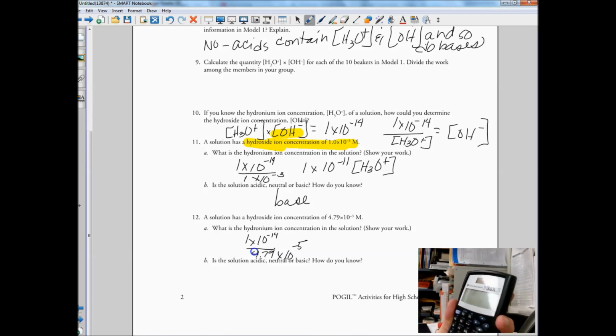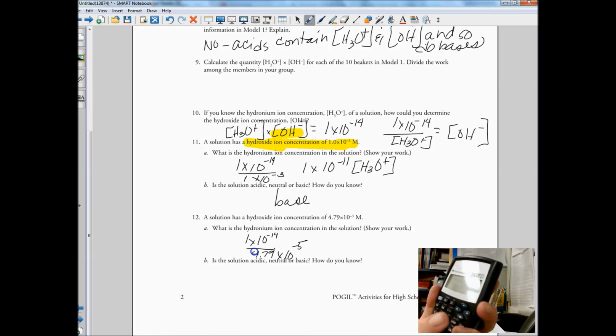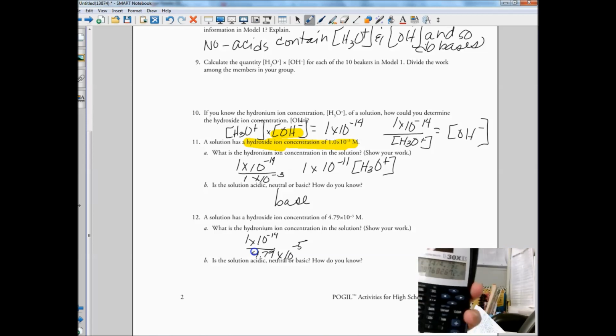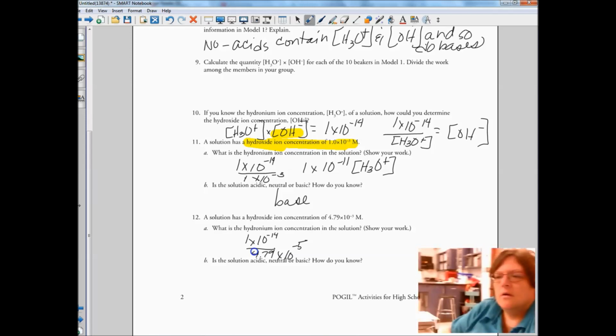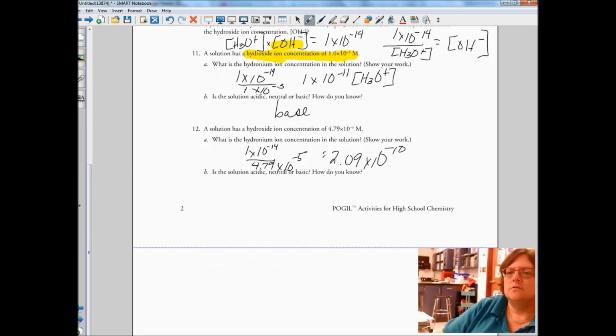Second E, negative 14, divided by, see what I've done? 4.79 second E, negative 5, 2.09 times 10 to the negative 10th. And that would be the hydronium ion concentration.